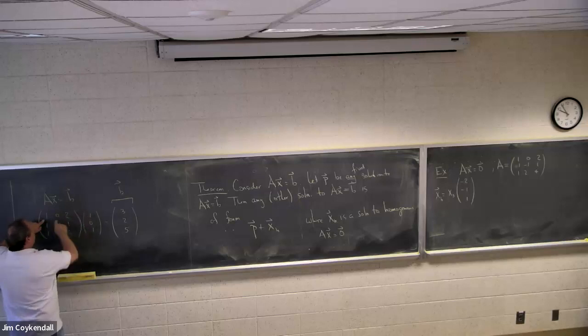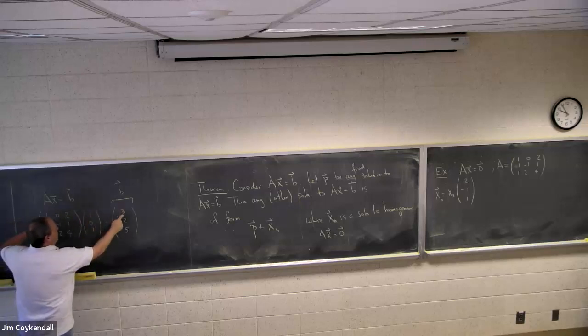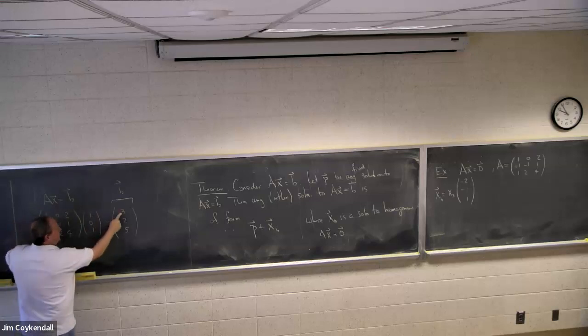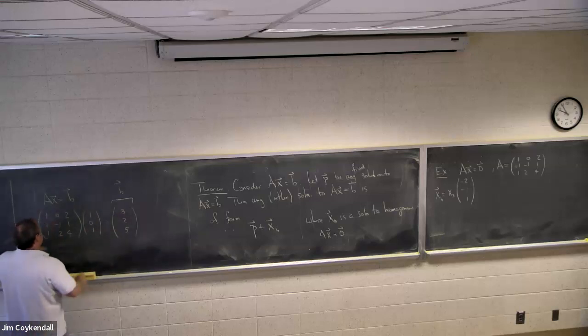1, 0, 2 times this. So first, the first row times the first column. 1 times 1 is 1, 0, 3. Everybody agree with that? Okay, let's see if I got this right. 1 times 1 is 1, 0, 2. Got it. 1 times 1 is 1, 0, 4, 5.